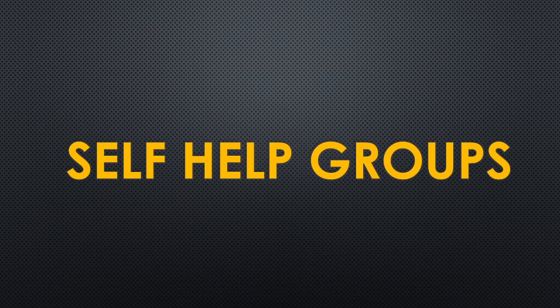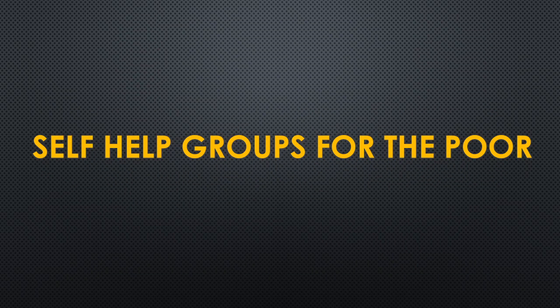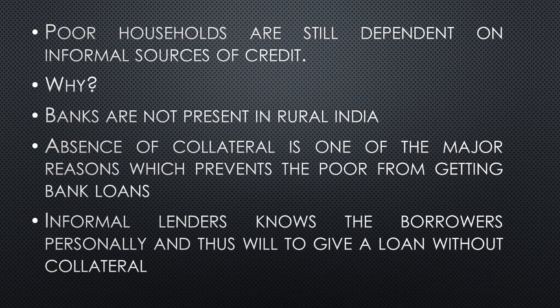So students, let us now discuss self-help groups for the poor. Why are the poor people still dependent on informal sources of credit which bear a high rate of interest?